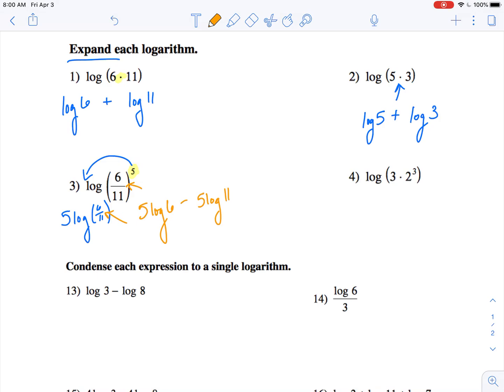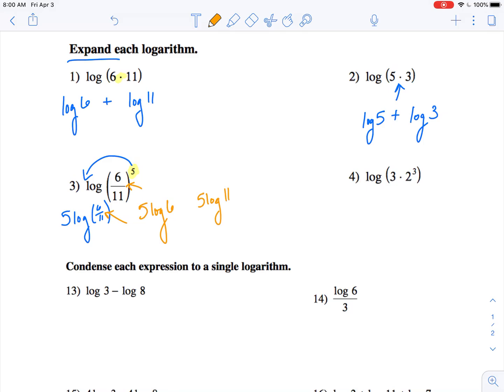And what operation is going to go with division? Well, division and subtraction go together. So my final answer there is going to be 5 log 6 minus 5 log 11.